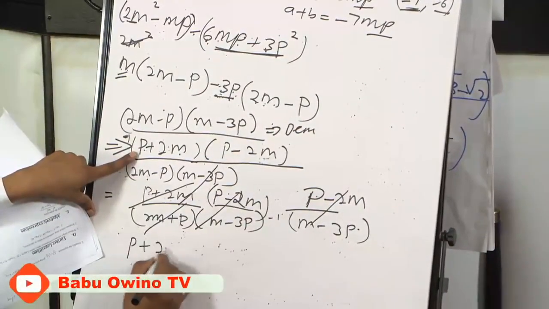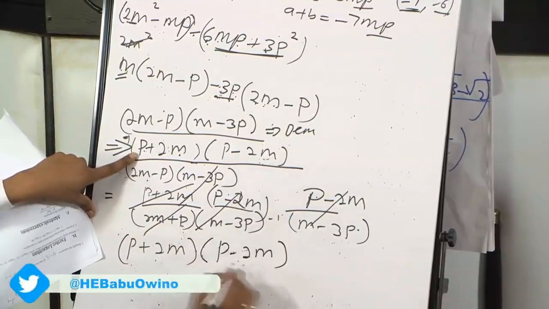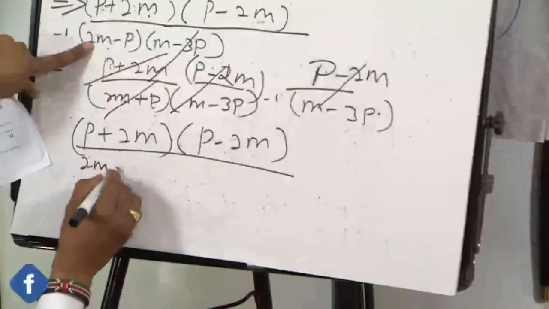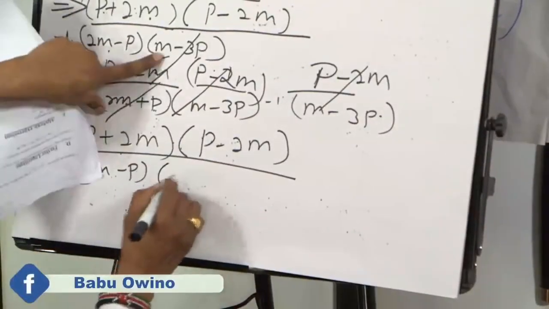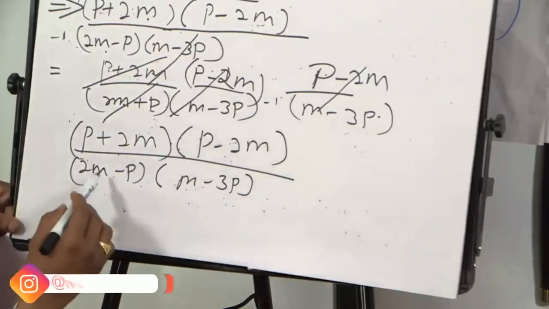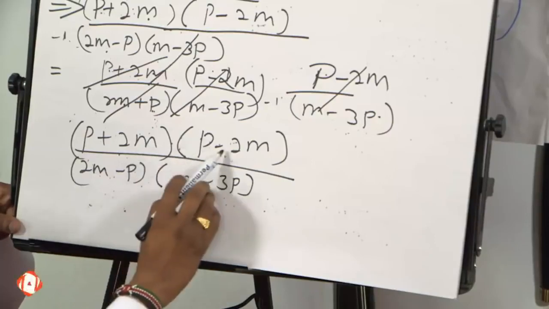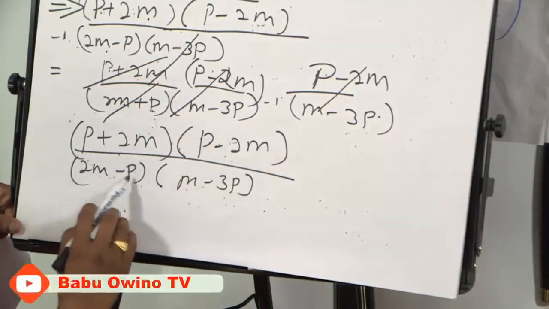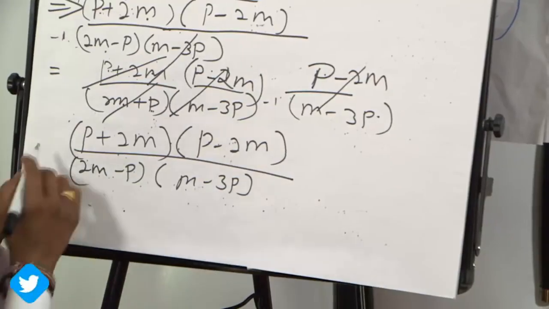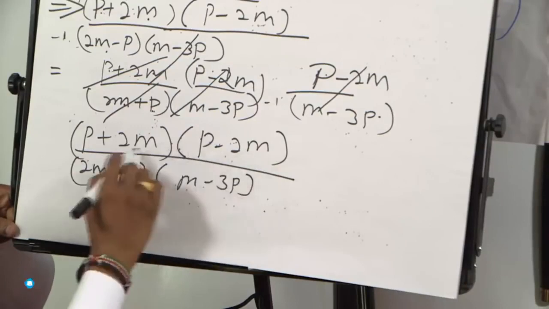p plus 2m into p minus 2m divided by 2m minus p into m minus 3p. So you can clearly see from here, we have p plus 2m into p minus 2m divided by 2m minus p into m minus 3p. So introduce the negative so that at least this becomes a factor of one of these.